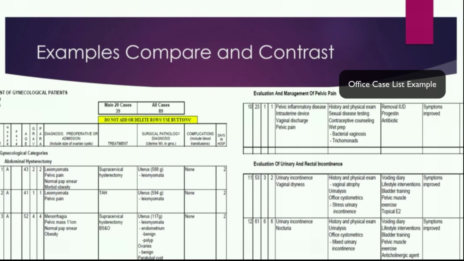One gets an anticholinergic and one gets pelvic muscle exercises and topical estrogen. And this person was obviously someone I discussed a pessary or a TVT with in upcoming visits. So this is an example of comparing and contrasting.